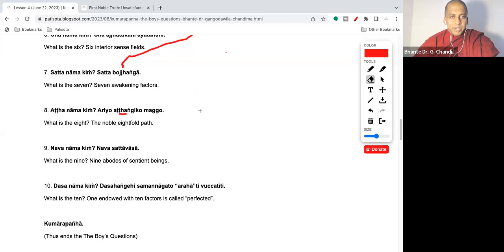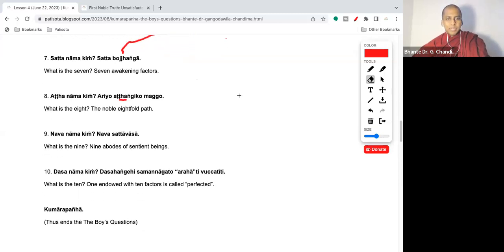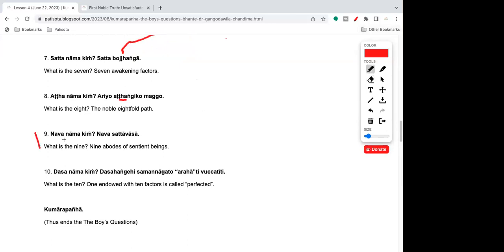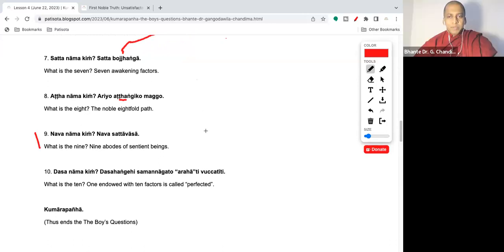Okay, question number 9. Nava Nama King. Nava Satta Vasa. Anybody wants to try? Anybody else here who wants to try? Question number 9 here. Bhante, I try. Yes, please. Go ahead, please.